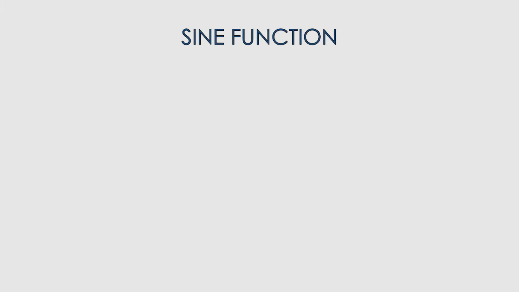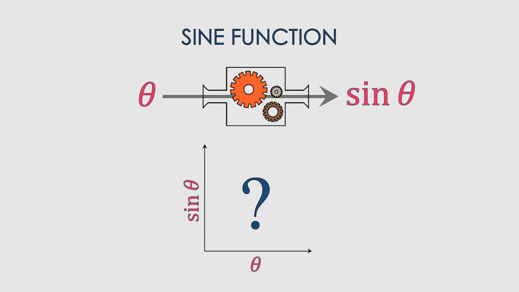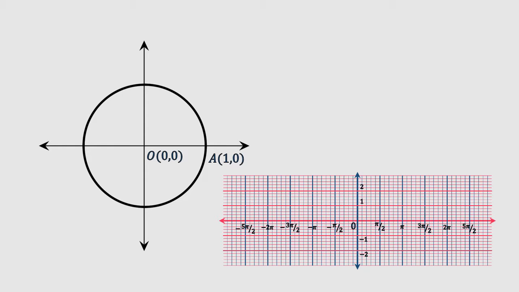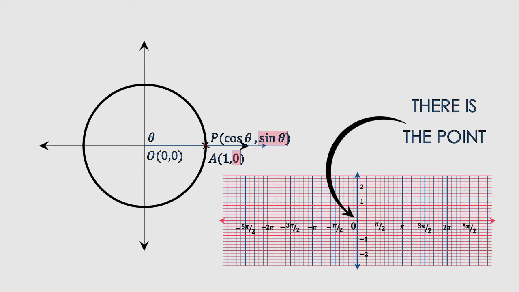Let's look at sine as a function and visualize the graph of the sine function. In order to do that, let's get back to the unit circle and keep an empty graph ready for graphing. We begin with the angle 0 radians. The sine of 0 radians is 0. We mark the point 0, 0 on the graph.